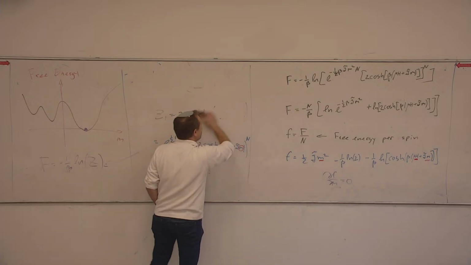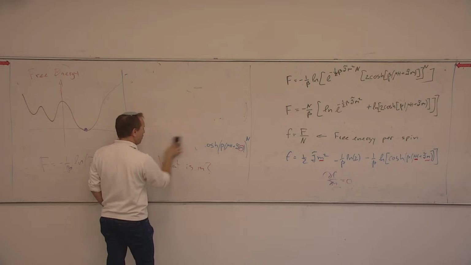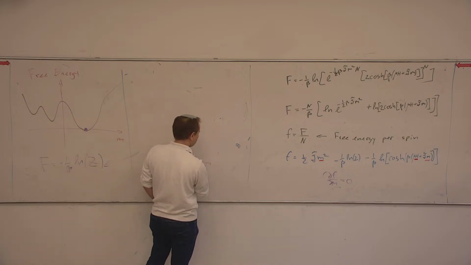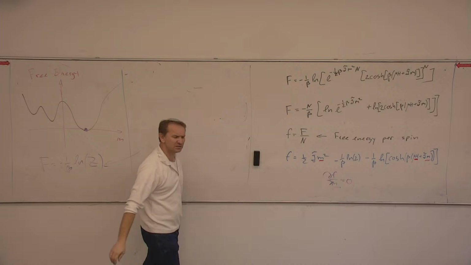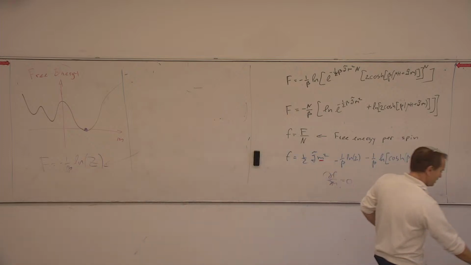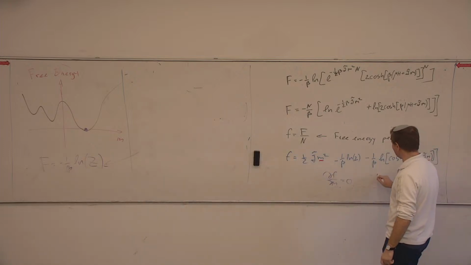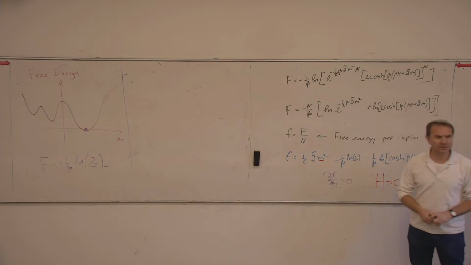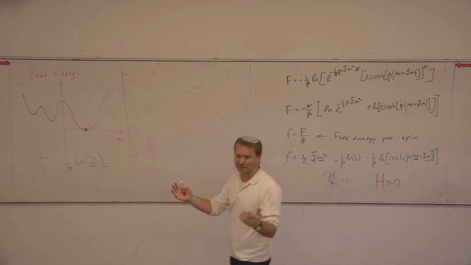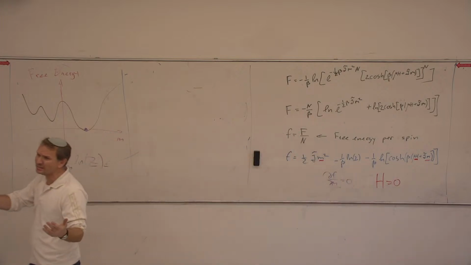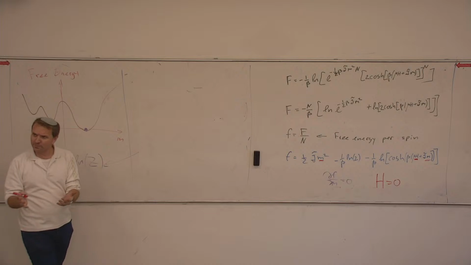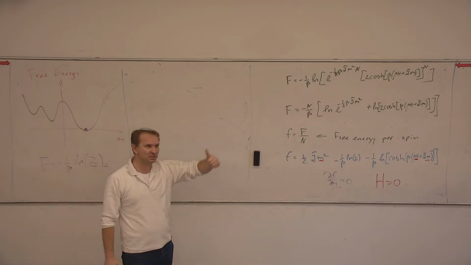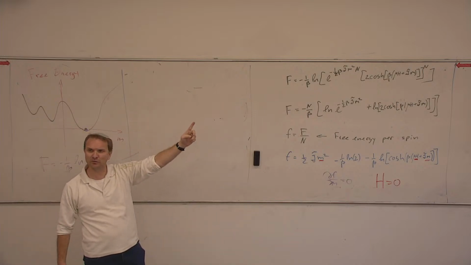Now, we actually want to focus on the specific case when the external field h equals 0. Because the whole idea is if I have some external field, of course I'm going to get some non-zero magnetic moment. Why? Because the spin will prefer to go in the direction of an external field.